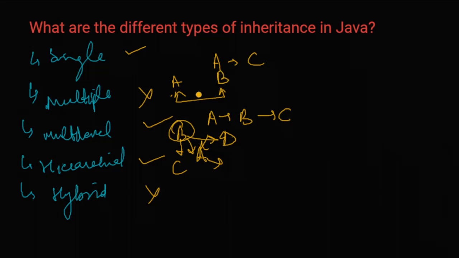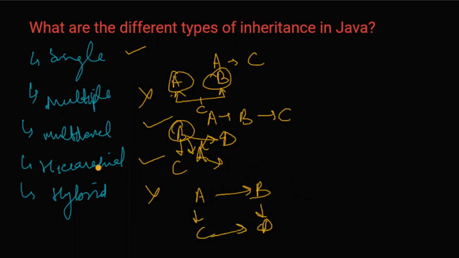Let's say A, B is there and this is C. So C is taking up two classes' properties, which is not possible. So that's what Java doesn't support. And again, if you talk about this hybrid, this is also what Java doesn't support. So this could be a good question if you talk about which is not supported. So that's multiple and hybrid.